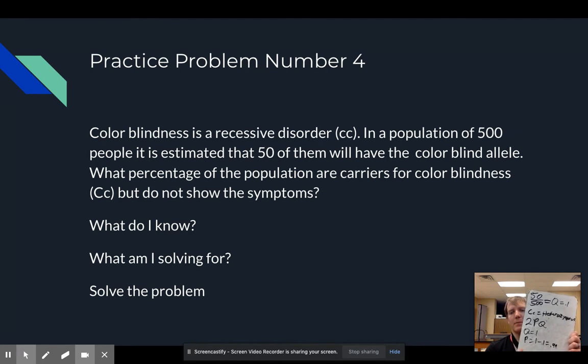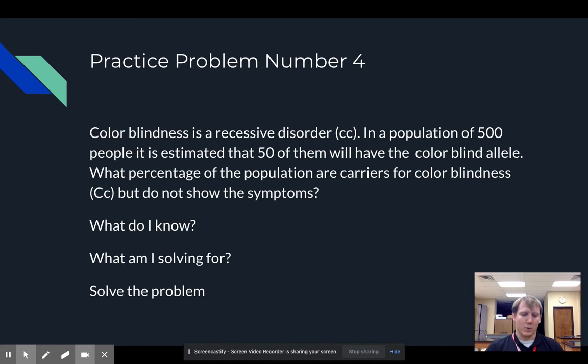All right, so now I've got p, I've got q, now all I have to do is plug them into my equation. 2 times 0.9 times 0.1 is going to give me the percentage of people that have color blindness, but they don't know that they have color blindness. They are just carriers for the disorder.